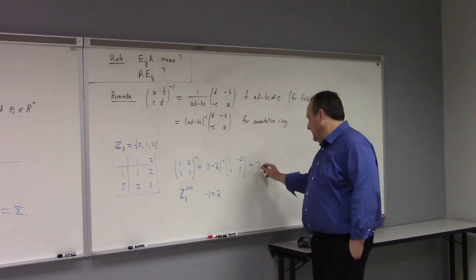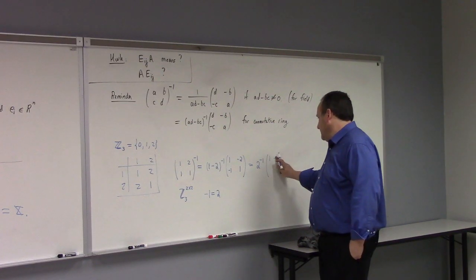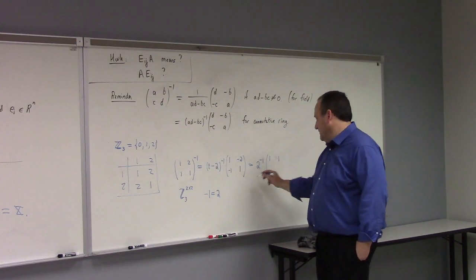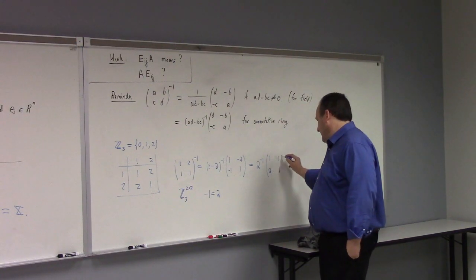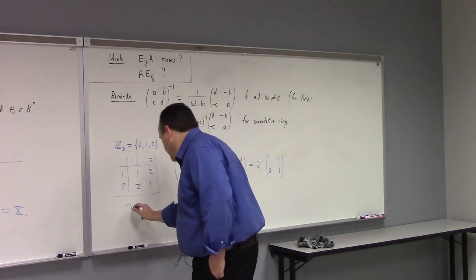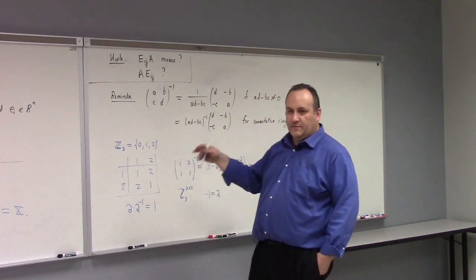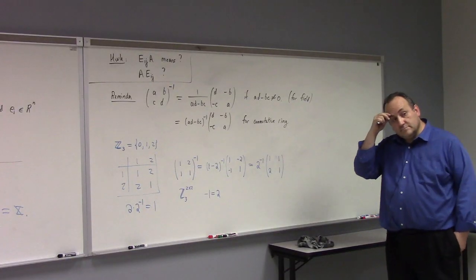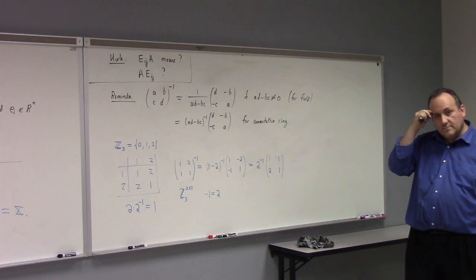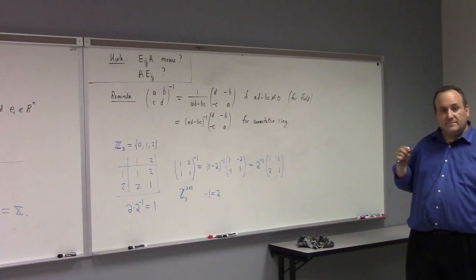So I have 2 inverse times the matrix 1, minus 2, minus 1, 1. Minus 2 is add 3, which is 1, and minus 1 add 3 is 2. What is 2 inverse here? 2 times 2 inverse should be 1, so what does that make 2 inverse mod 3? It's 2. The inverse of 2 mod 3 is itself.